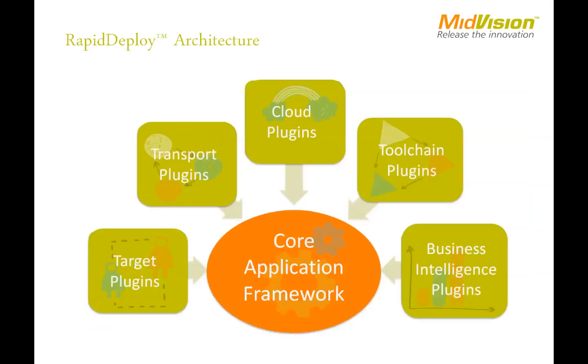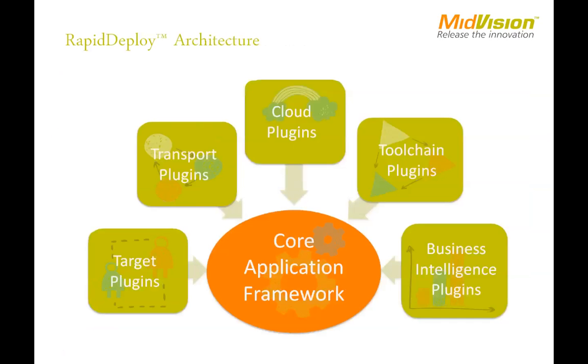And then there are some others, and I'll demonstrate some of these today. We have transport plugins, which is how we connect to targets, with SSH or agent, those types of things. We integrate with cloud providers, such as AWS and OpenStack, if we're trying to link our application deployment into some kind of provisioning or cloud PaaS platform.